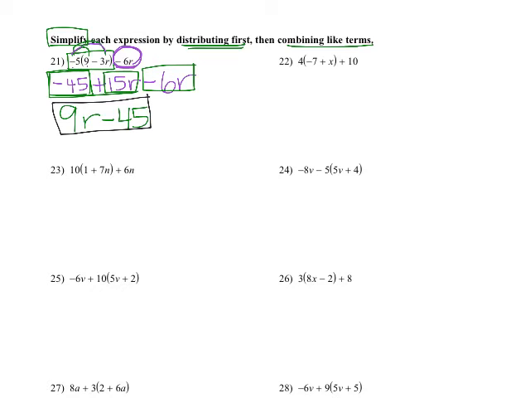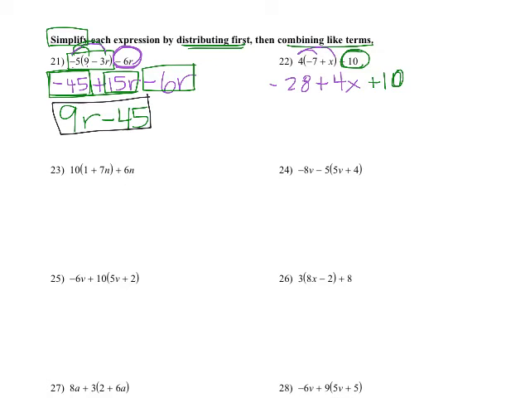Okay, let's take a look at number 22. Remember, we're going to distribute first. 4 times negative 7, and 4 times x. Don't forget to distribute to that second term there. And then we have this plus 10 hanging outside the parentheses. We're going to tack that on. Now, which terms are alike?